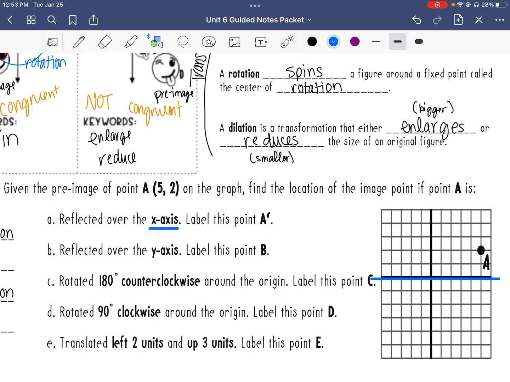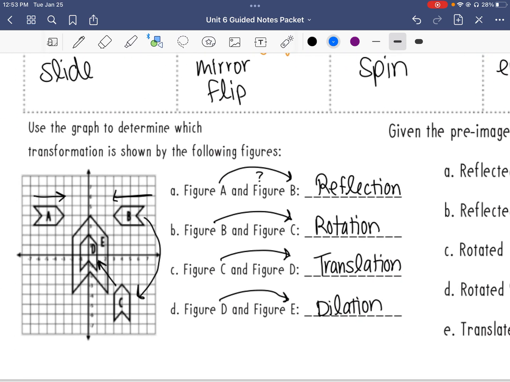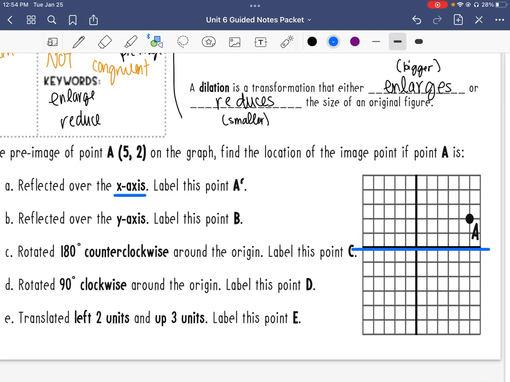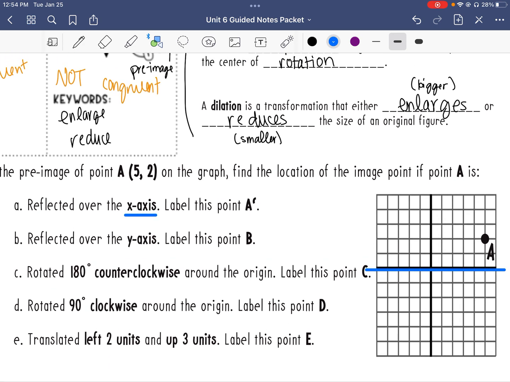So the way you can do this, like this one was a little bit easier, right? We just had to say what had happened. This one, they're going to tell us what happened, and then we have to actually do it. So the easiest way to do this is to look at A and say, okay, how would I describe where A is from this line of reflection? If I knew where the x-axis was, but I didn't know where A was, how would you tell me to get there from the x-axis?